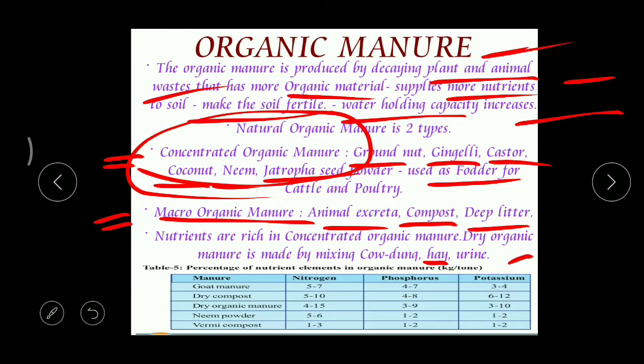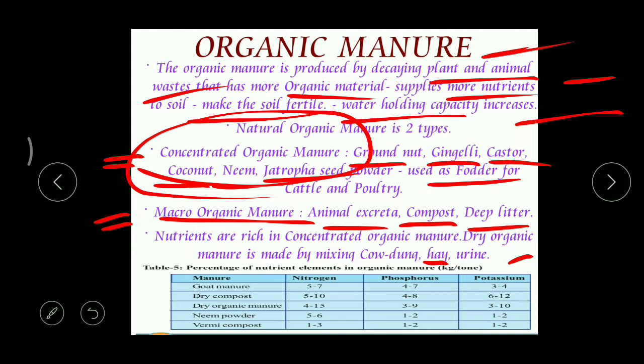Have you seen that? Why? What is the purpose? By keeping the animals in the fields, they eat the plant materials and release their waste materials. All these waste materials are added to the soil, and that becomes a manure. That's the reason why they maintain these animals in the fields, right?